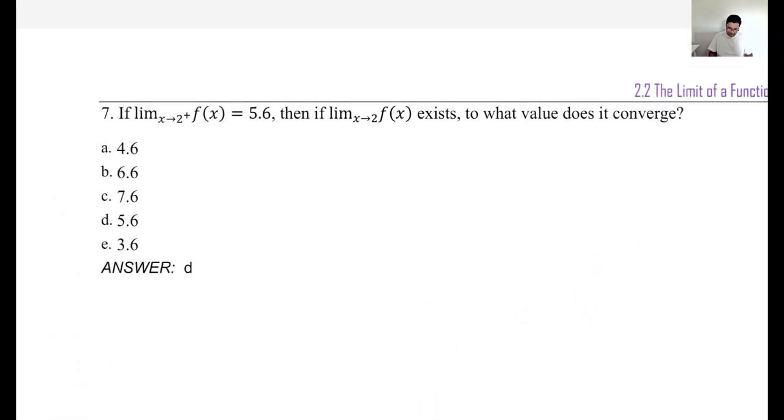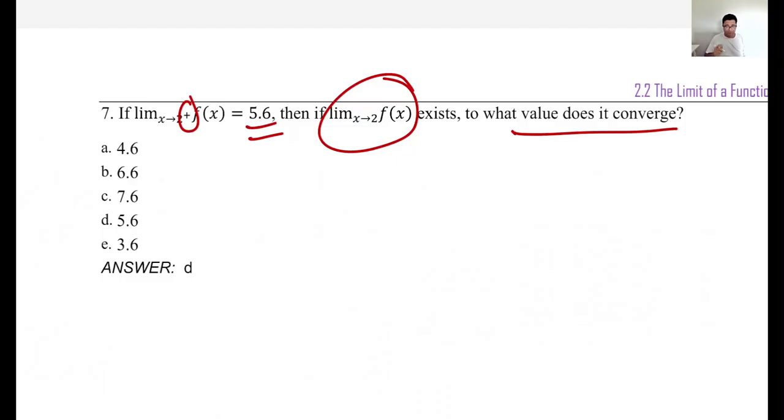Here is another question. If the right-hand limit of that function is 5.6 and the limit exists, then what is its value? Okay, concept question. Please think of your answer.